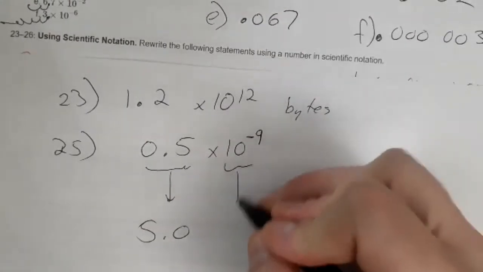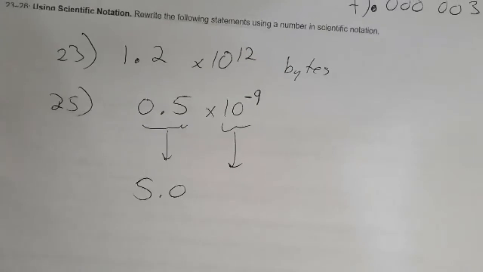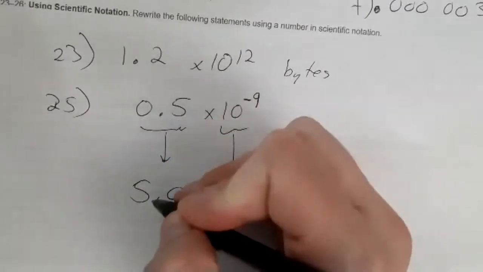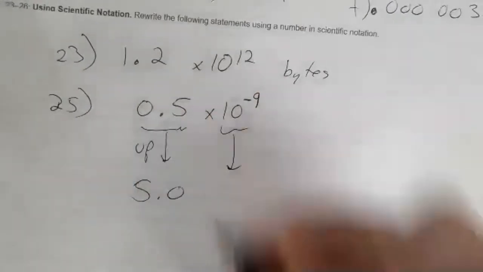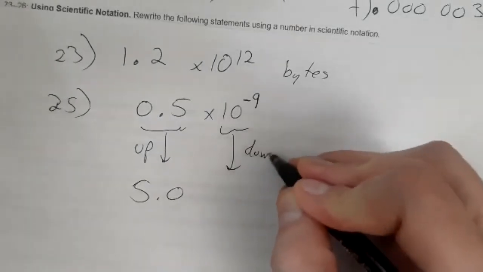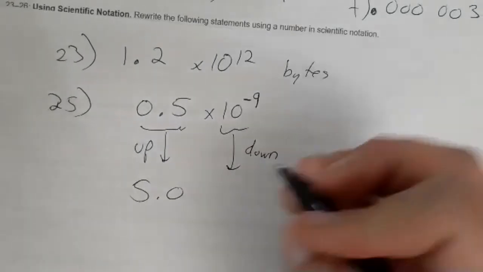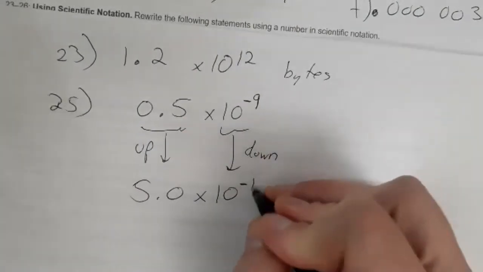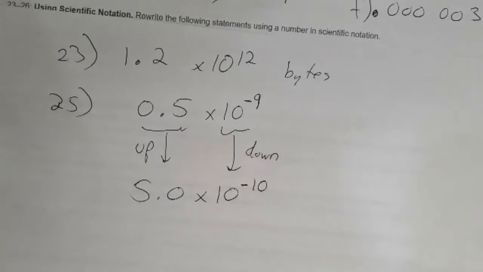And this is really confusing. But this is the sort of way that I go about it, is that this is going from a half to 5. That went up. Guess what this has to do? Down. It's got to go down. So if we're at a -9, we're going to a -10.